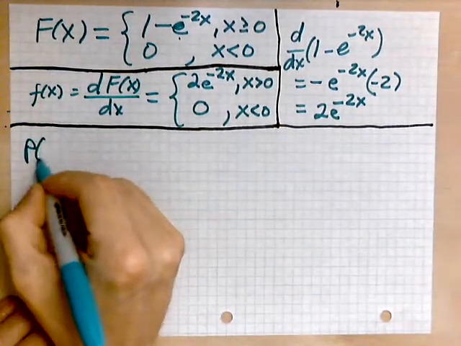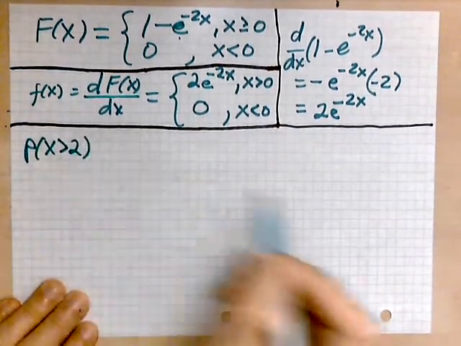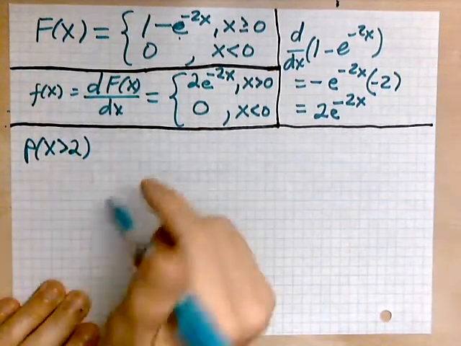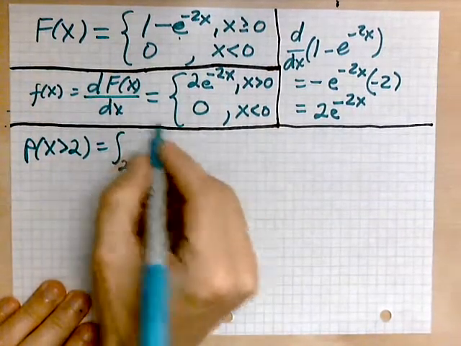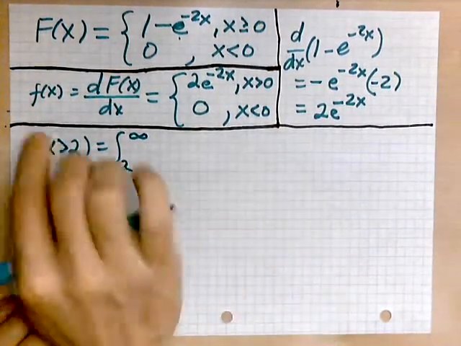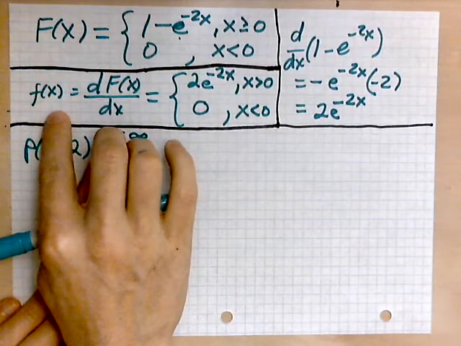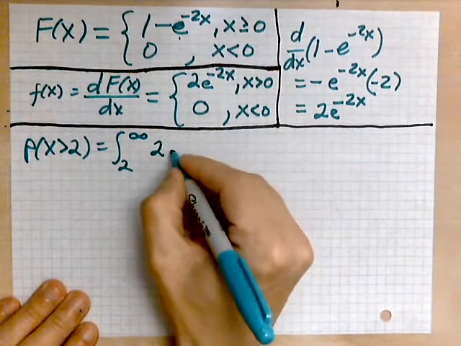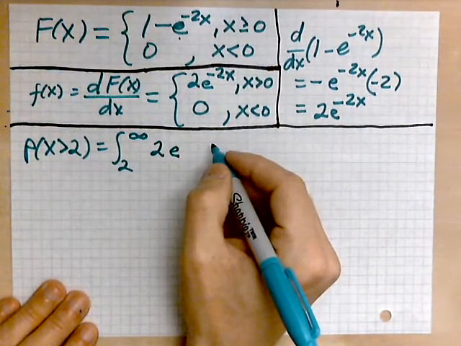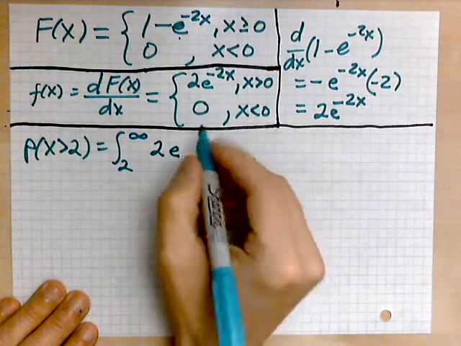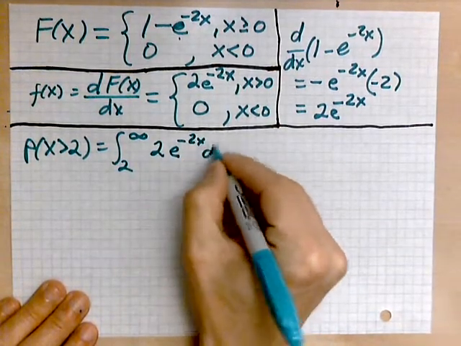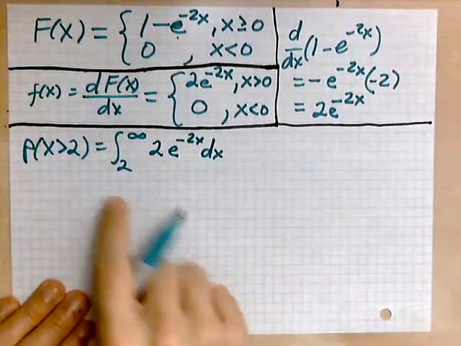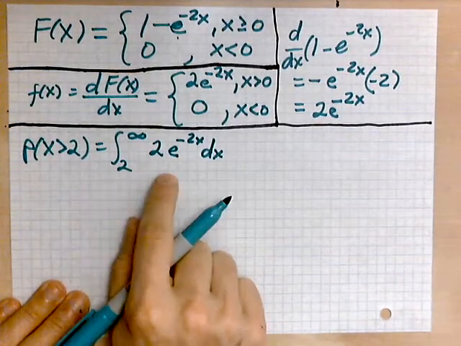The probability that x is greater than 2, so the value of the random variable is to the right of 2, is the integral from 2 up through positive infinity of little f, which is 2e to the negative 2x dx. So let's integrate this. Remember, this means the probability that x is greater than 2 is given by the value of this integral.